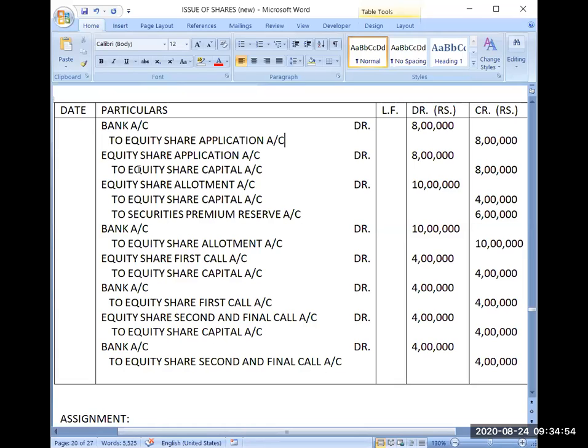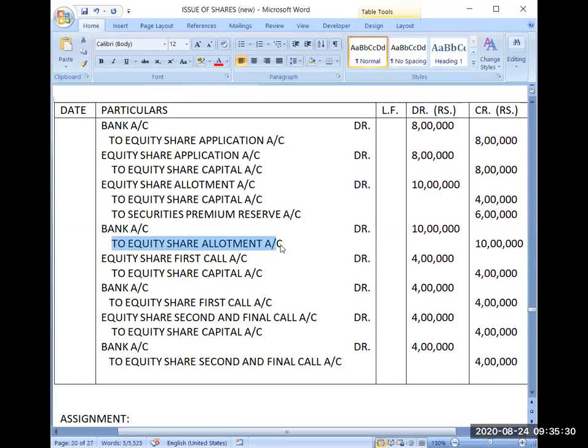So first amount is 8 lakh. Then you will add 4 lakh. Then you will add 4 lakh. And then again you will add 4 lakh. So the total amount will be, see here it is share capital. So 8 lakh, plus 4 lakh, plus 4 lakh.